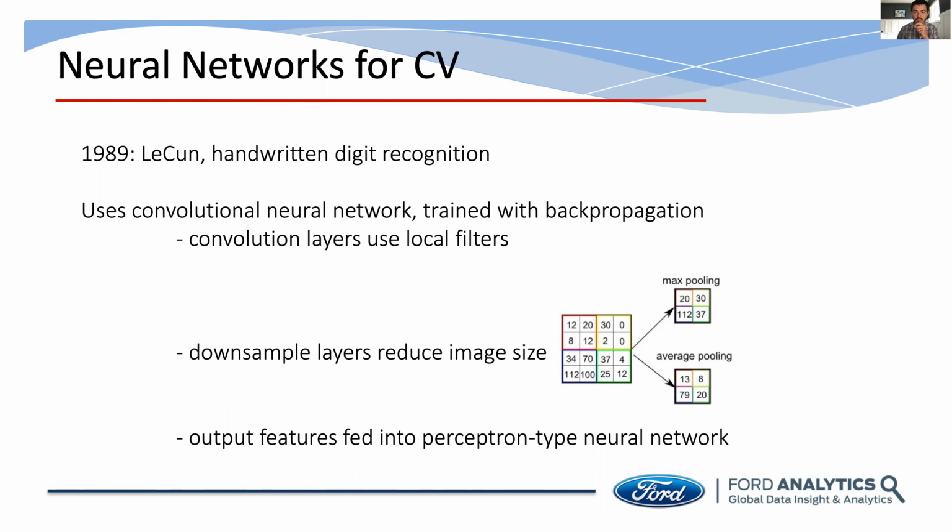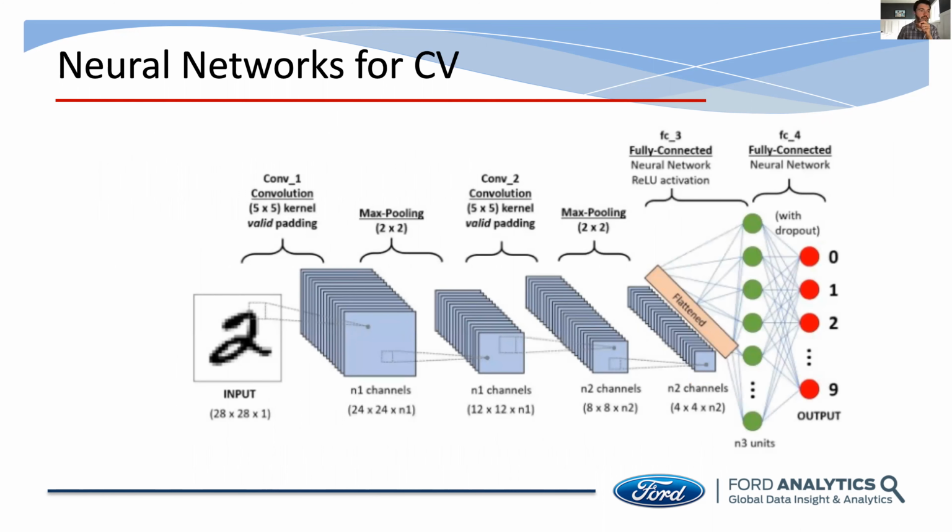And so here's a schematic of what this network looked like. You have this original image, and the first layer of this network took 5x5 filters. You can think of this stack of blue squares here. Each one of these is basically a processed image, each processed using its own filter. Then he did max pooling, so some kind of downsampling of the photos to get smaller 12 by 12 pictures, and then repeated this.